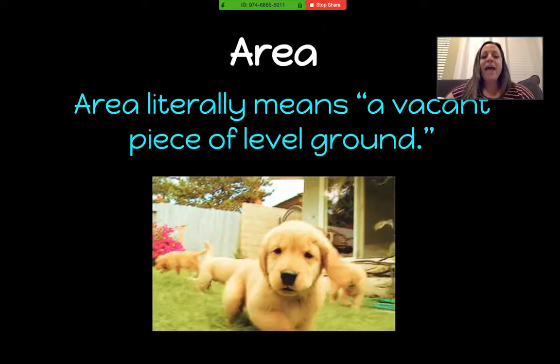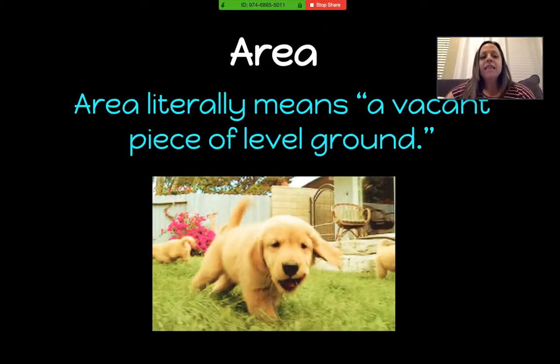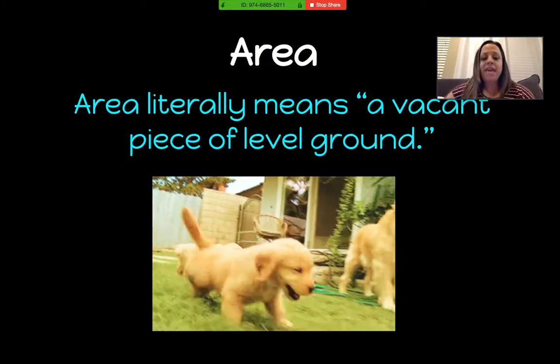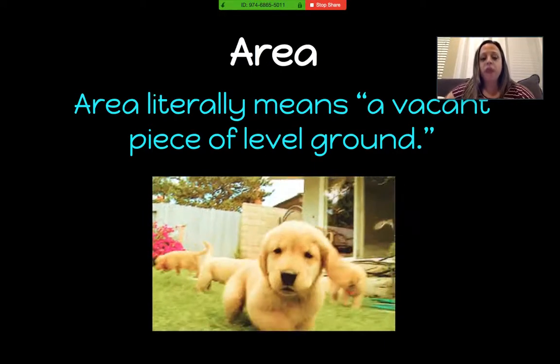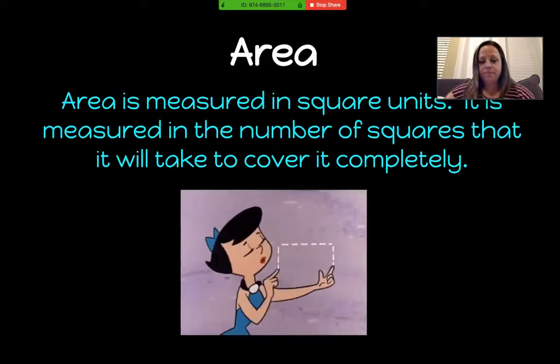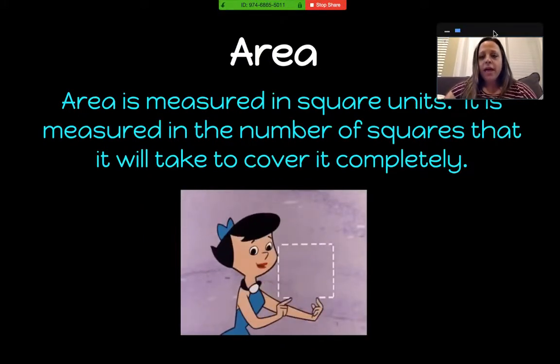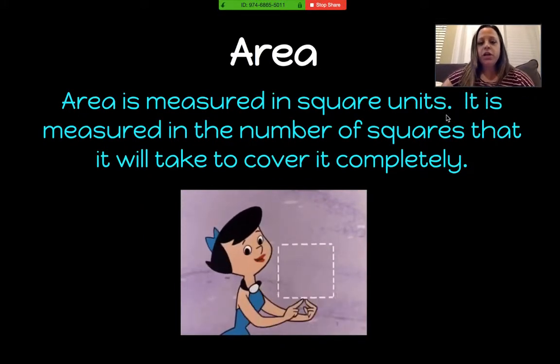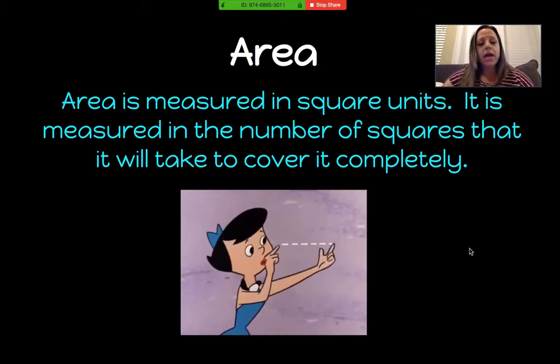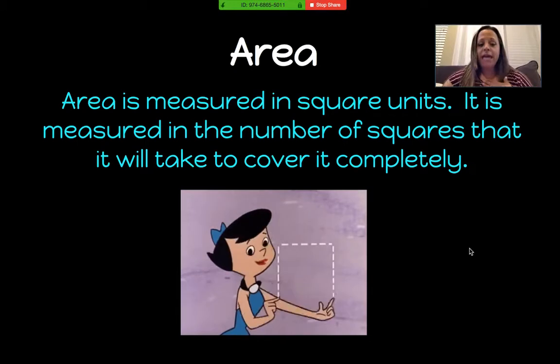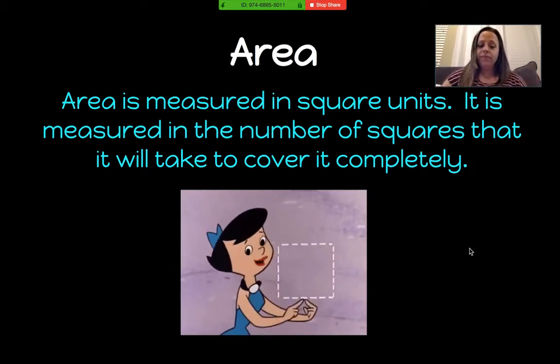All right, so area in Latin literally means a vacant piece of level ground. So, area is measured in square units. It is measured in the number of squares that it will take to cover it completely.